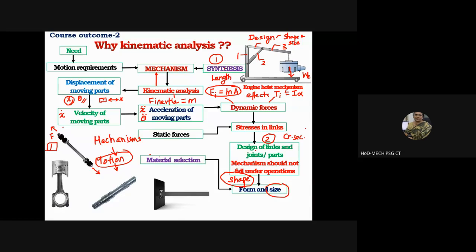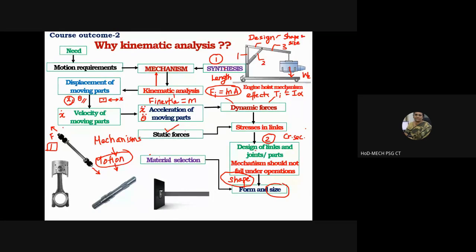Now when the weight is just held like this, when the engine is held like this, all of these will be subjected only to static forces. But when it starts moving, suppose different links have movement, then all of them will be experiencing acceleration at times and deceleration at times.